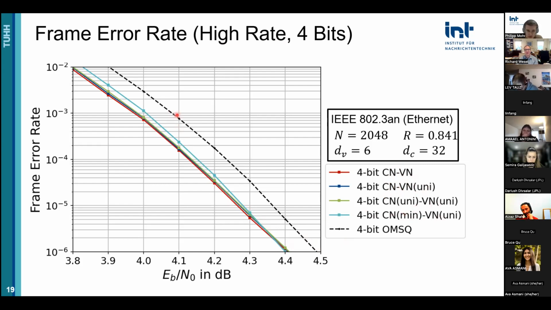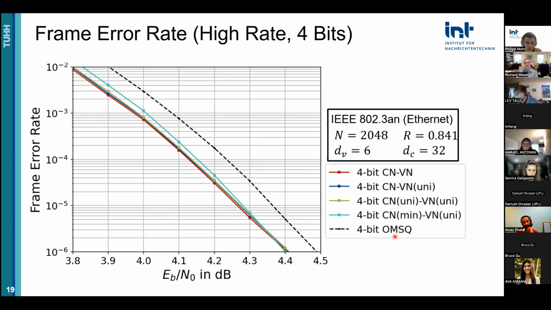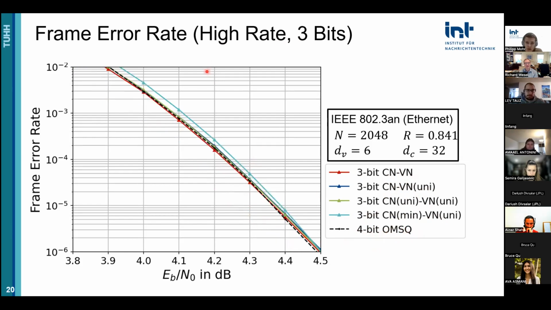For comparison, I've shown here also the offset min-sum decoder, which can be seen as a conventional benchmark. We gain roughly 0.1 dB in performance compared to the conventional approach. If we switch to 3-bit resolution, we can achieve similar performance as a 4-bit conventional decoder.